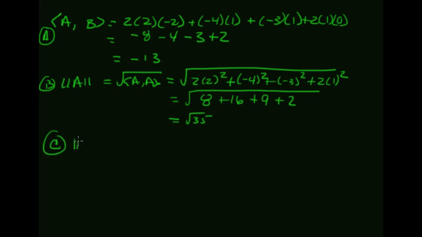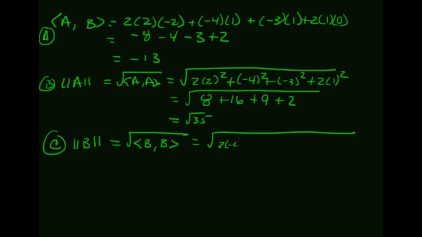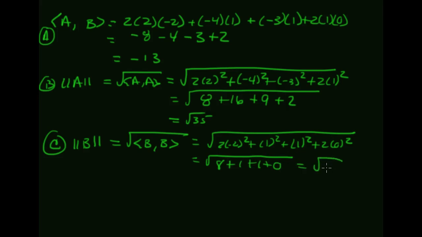Part C says what's the magnitude of B, which is the square root of the inner product of B and B, which becomes 2 times negative 2 squared, plus 1 squared, plus 1 squared, plus 2 times 0 squared. So that's 8 plus 1 plus 1 plus 0, which is the square root of 10.